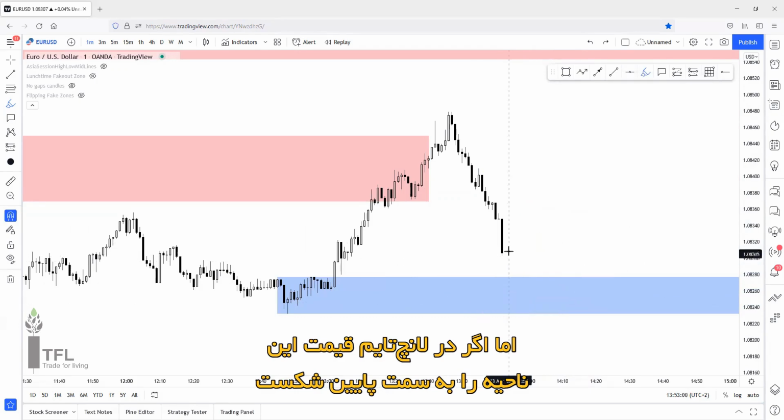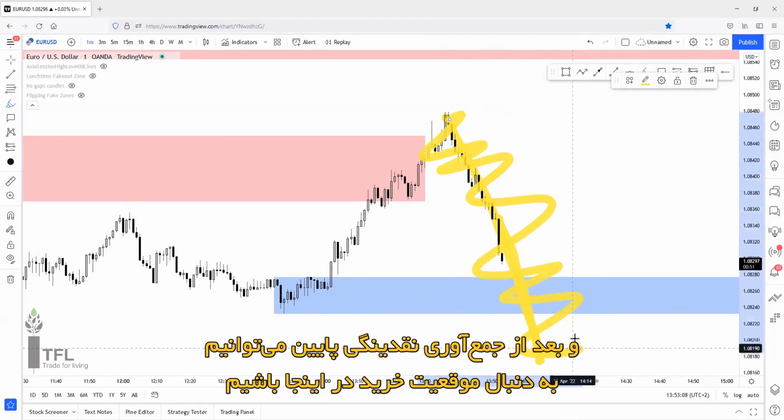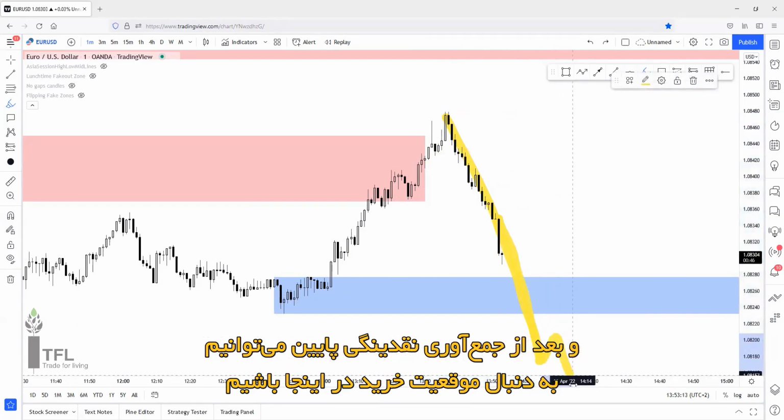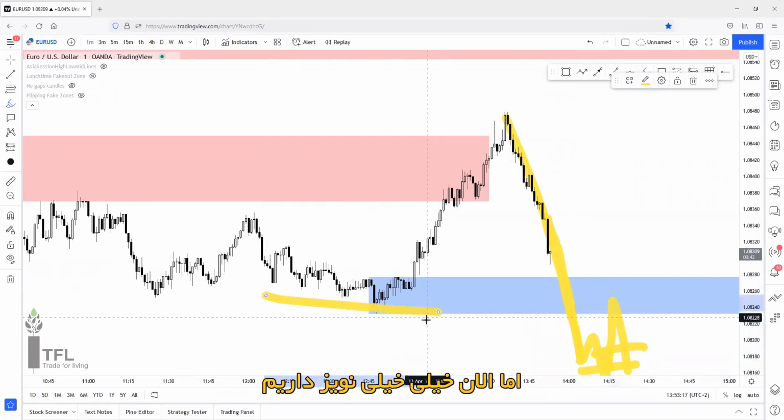But if price breaks below this zone in lunchtime, I believe all of these lunchtime areas will be swept. And we'll be able to look for a long opportunity right here after the sweep of this downside liquidity. But it's really noisy right now.